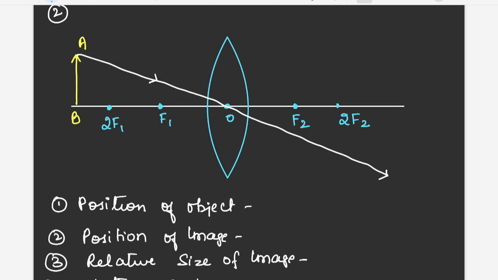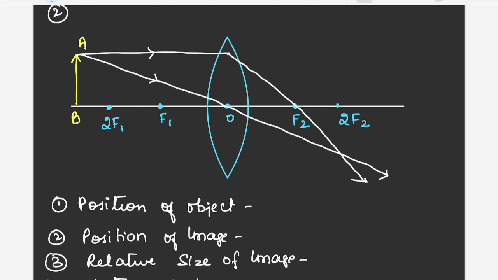Whenever a ray of light passes through the optical center, it will pass straight without any deviation. For the second ray, we are taking a ray parallel to the principal axis. After passing through the lens, it will refract, it will bend, and it will move like this through F2.